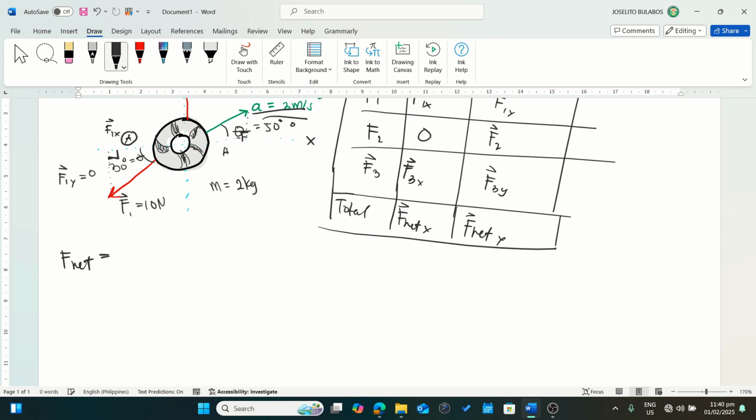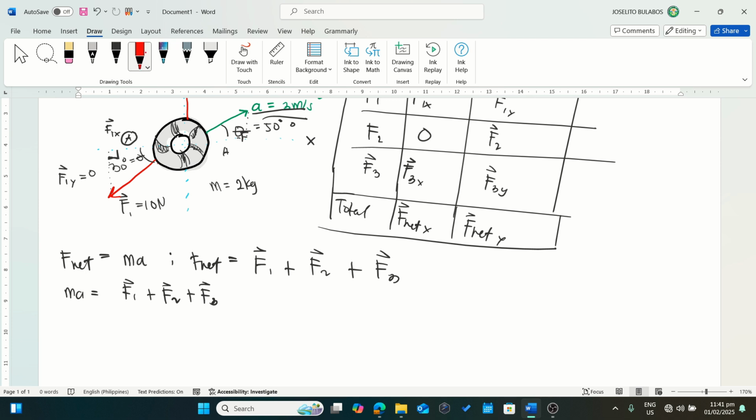Our F net is given by m times a. Now, since F net is the sum of F1 plus F2 plus F3, then we could have this equation: ma equals F1 plus F2 plus F3.